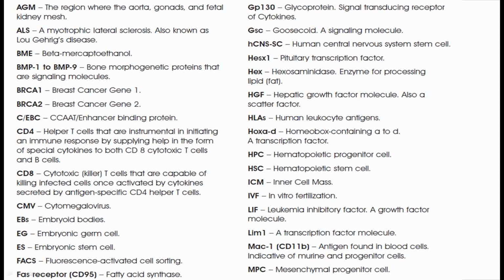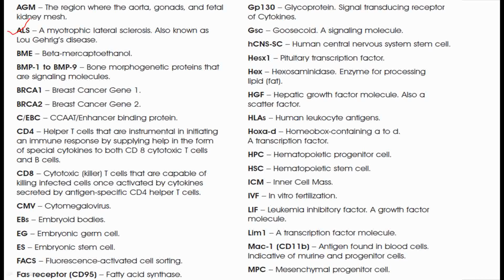Here some important full forms are given. Let us see them once. One is AGM. AGM is the region where the aorta, gonads and fetal kidney mesh. Next term is ALS.